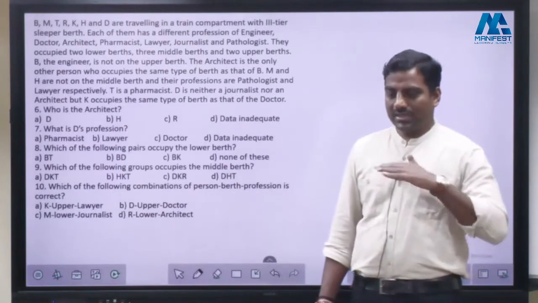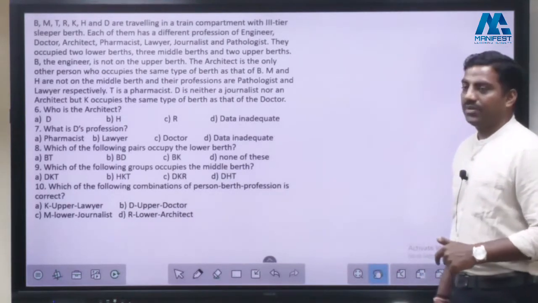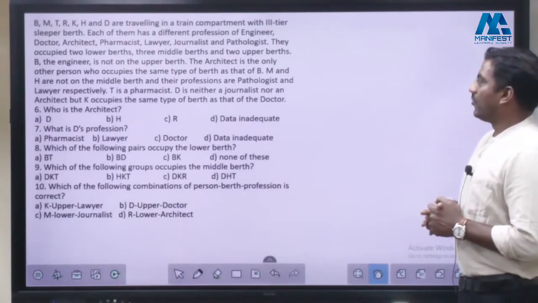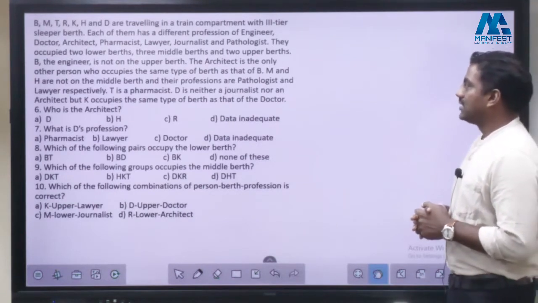So basically here, 3 tiers means lower, middle and upper. How many persons are traveling here? 7. Each of them has a different profession: engineer, doctor, architect, pharmacist, lawyer, journalist and pathologist.